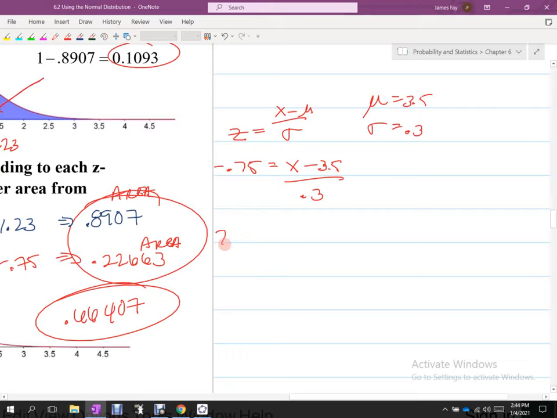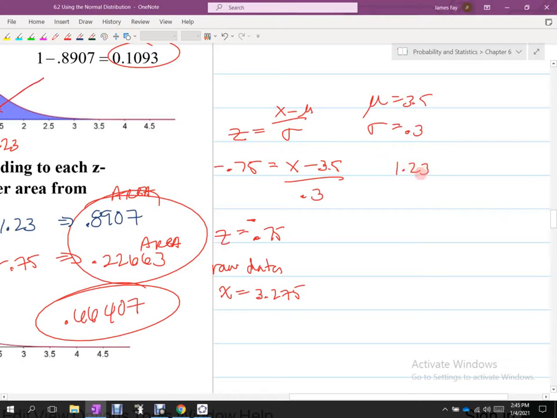And then I'll add to it 3.5. So a z-score of negative 0.75 is a raw data x value of 3.275. Does that make sense? 1.23 was our other z-score.